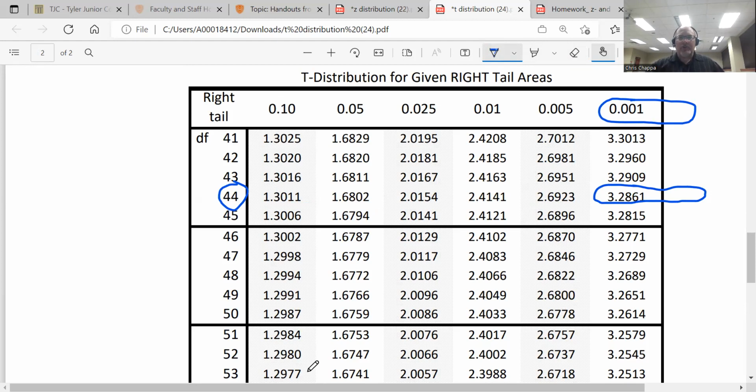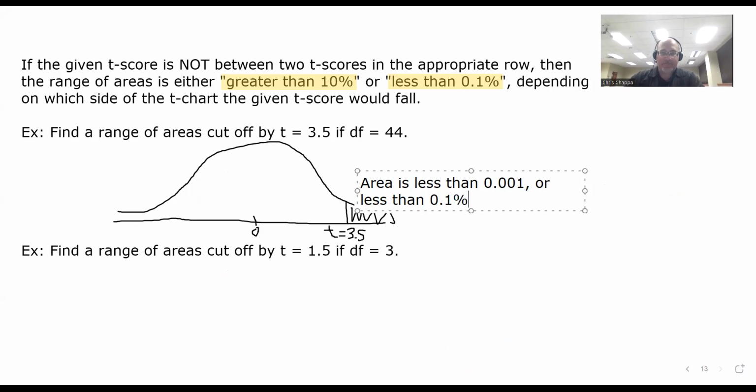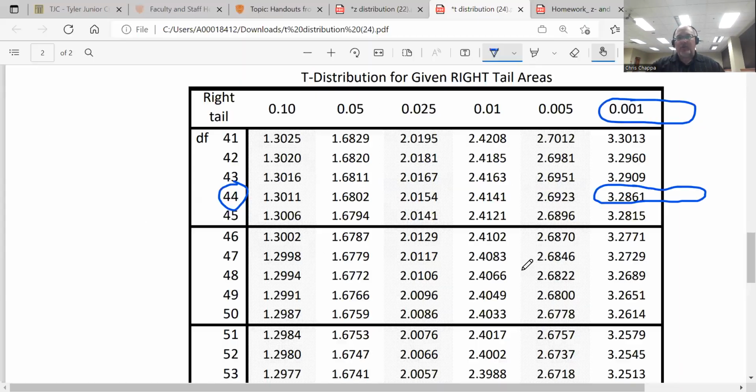So since the t-score we're looking for is off the chart on the right, we would say that the area is less than 0.001 or less than 0.1%. And again, that's because the t-score we were looking for, 3.5, in the correct row is off the chart to the right.